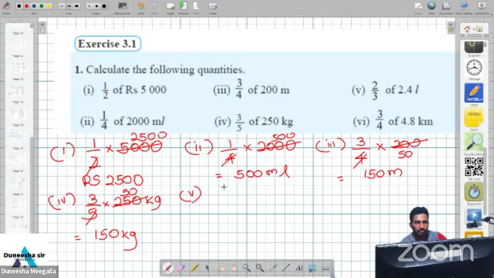Fifth one, 3 over 5 have to multiply by 2.4 liters. Okay, what is the answer? How much the answer for the fifth one? Kidavi, how much you got?